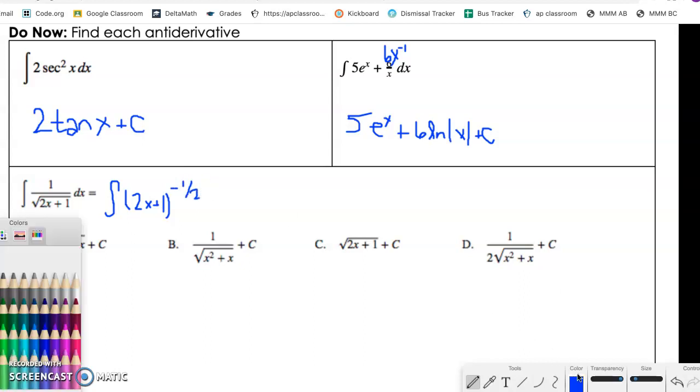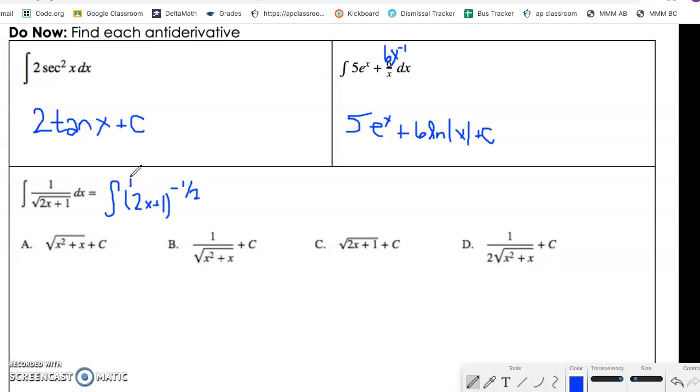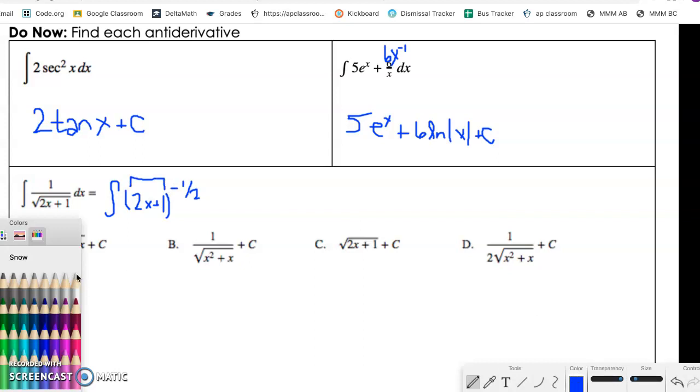So my u is always going to be what is in parentheses.